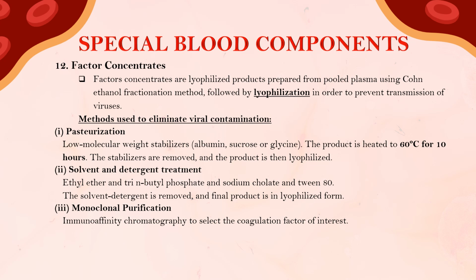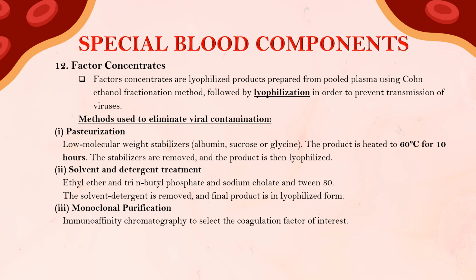Okay, next we have solvent and detergent treatment. It involves the use of solvents, ethyl ether and tri-n-butyl phosphate, and detergents such as sodium cholate and Tween 80 to disrupt the viral coat membranes. The solvent detergent is then removed, and the final product is in lyophilized form, the same as in pasteurization.